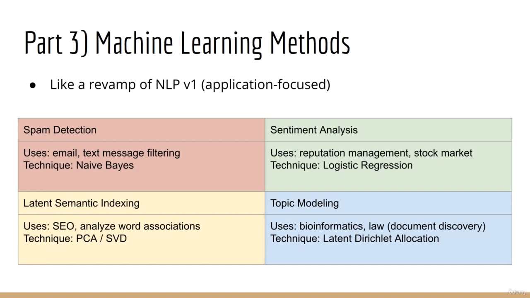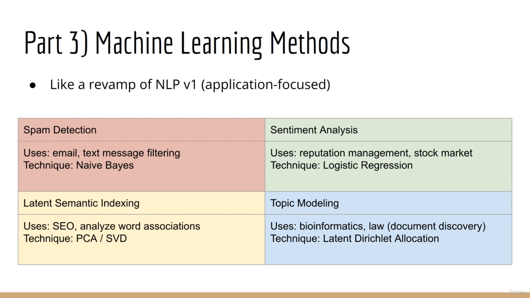The third major part of this course, which is again like another mini-course, is all about machine learning methods for NLP. In this course, we'll differentiate between machine learning and deep learning in the sense that this part will focus on non-deep learning approaches, even though deep learning is simply a part of machine learning. If you took version 1 of this course, then you should recognize many of the applications we'll discuss.